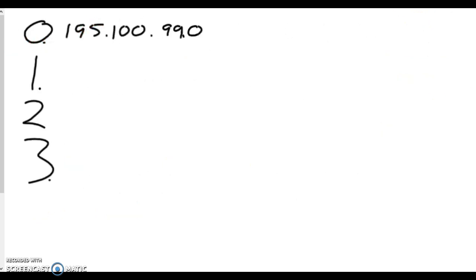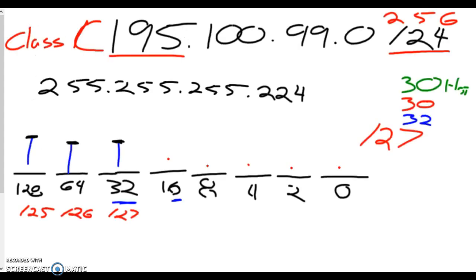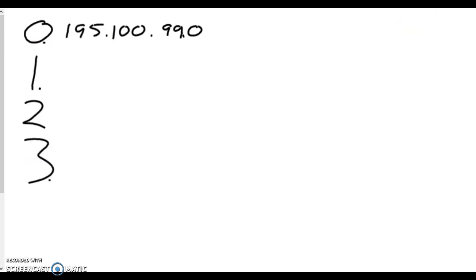So that's going to be our first network address. Our second network address, since we're breaking this down into smaller bits, and each subnet is going to consist of 32 addresses, I can go ahead and start filling this in. It's going to be the same first 3 octets, but then the last octet is going to be a 32.